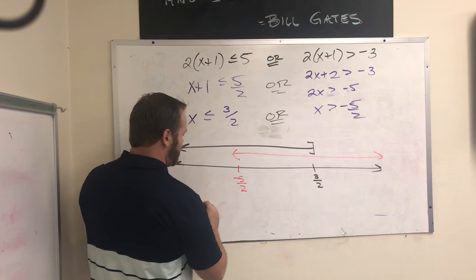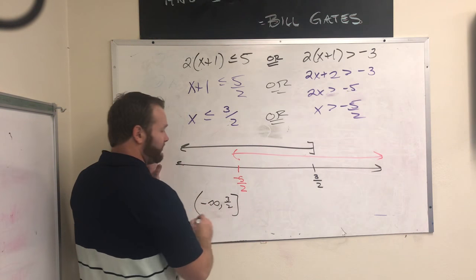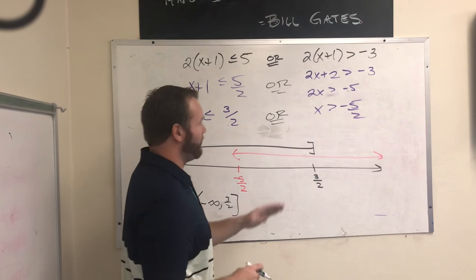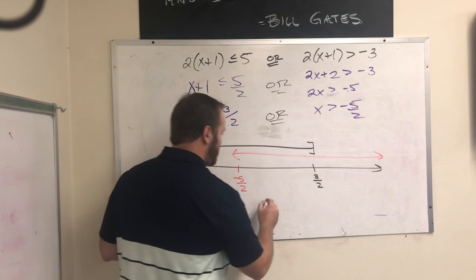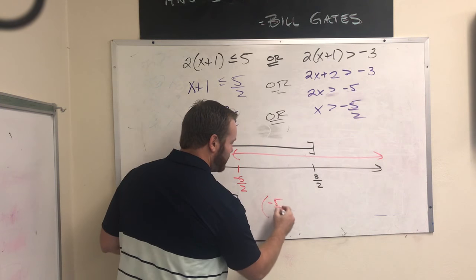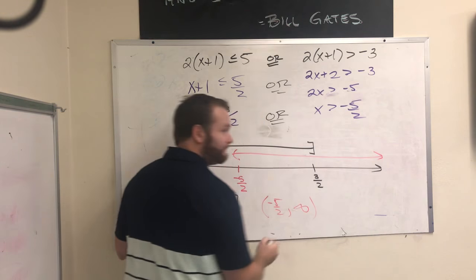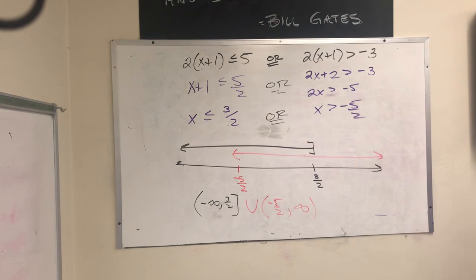The black graph is negative infinity up to 3 halves, and we include 3 halves, right? And then you might say, okay, well, then I'm going to look at the red one, and the red one goes from negative 5 halves, and it's a parenthesis. It goes from negative 5 halves up to infinity, right? And then you're going to say, well, I union them. And you are absolutely correct. You have shown all your solutions, okay?